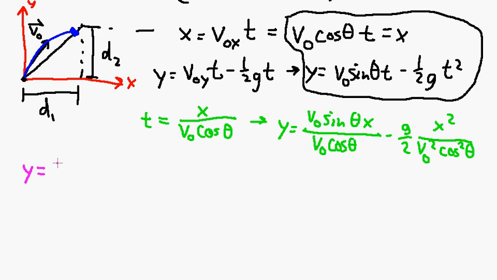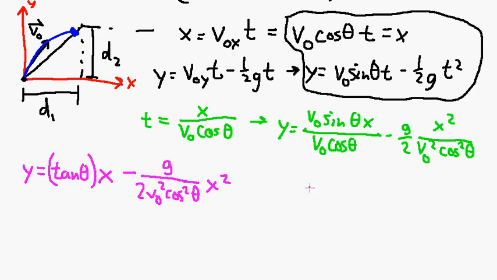So this is going to be tan theta times x minus g over 2 v naught squared cosine squared theta, x squared.